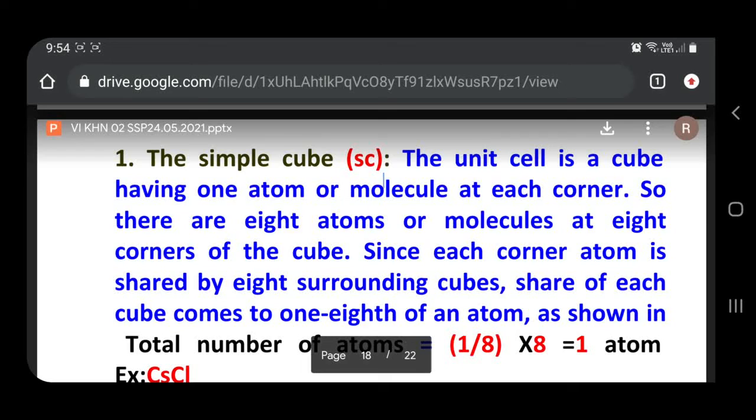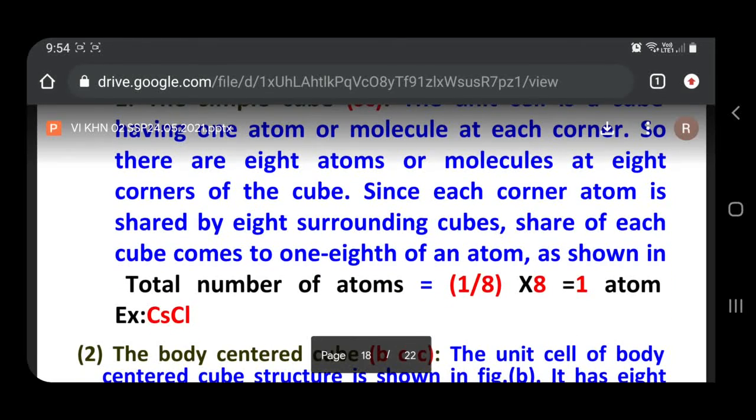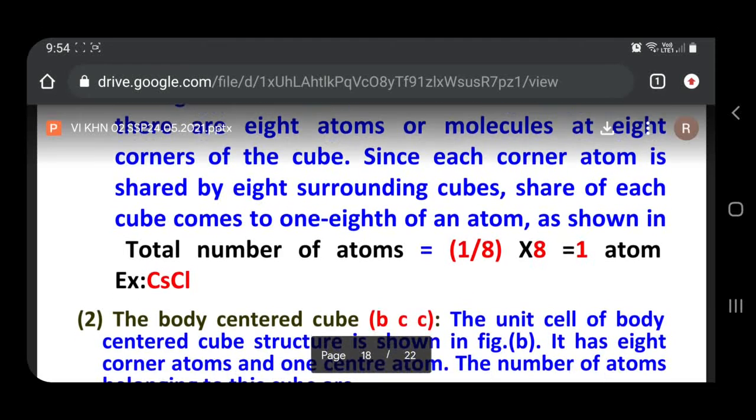How many lattice points are there per unit cell in case of simple cubic? It is the same as asking how many atoms are there in a unit cell, or how many molecules, or how many ions are there in one unit cell. The unit cell is a cube having one atom or molecule at each corner. So there are 8 atoms or molecules at 8 corners of the cube.